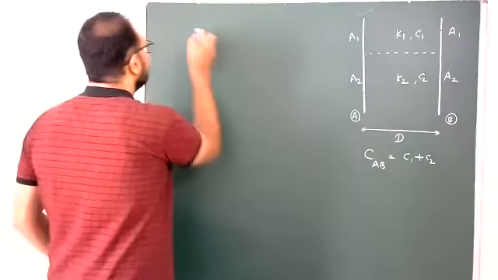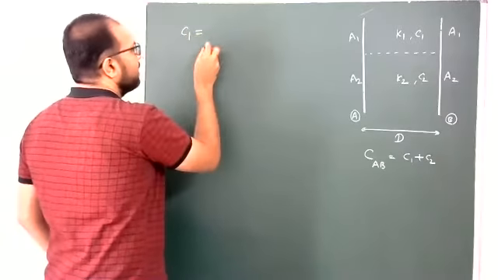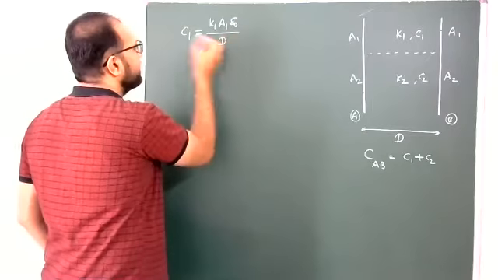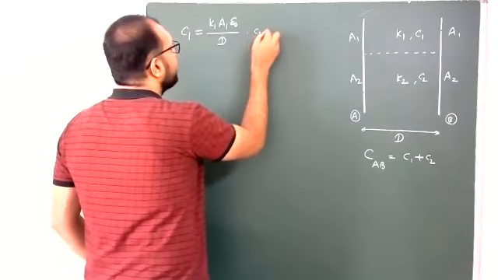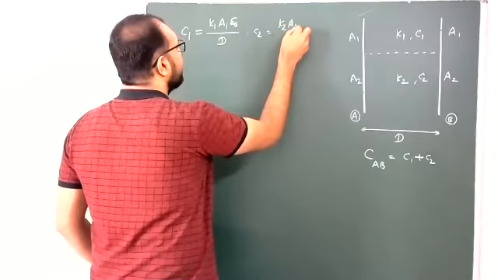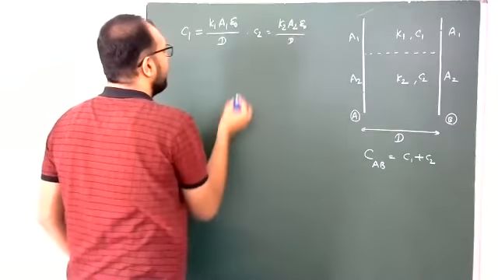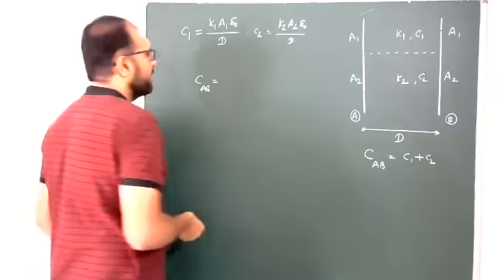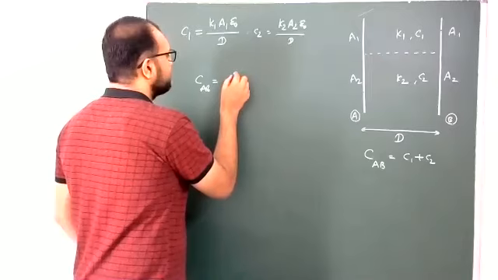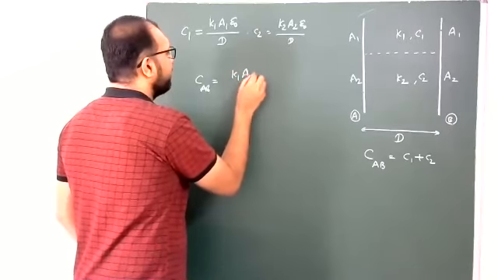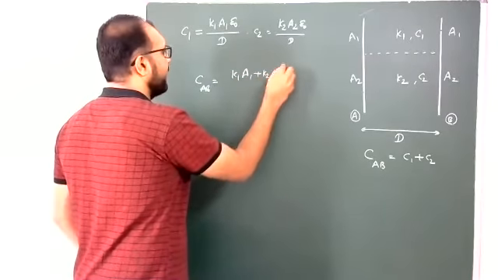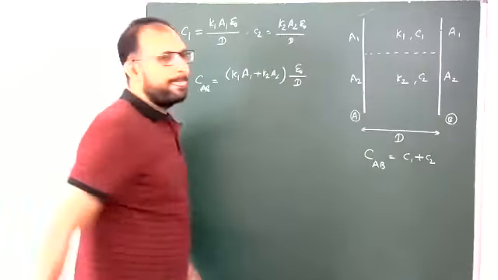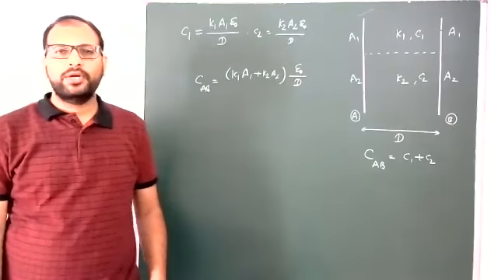Now we need C1, that is K1 A1 epsilon naught by D, and C2, that is K2 A2 epsilon naught by D. The effective capacitance between plates A and B, C1 plus C2, is K1 A1 plus K2 A2 into epsilon naught divided by D. Suppose A1 equal to A2 equal to A by 2.